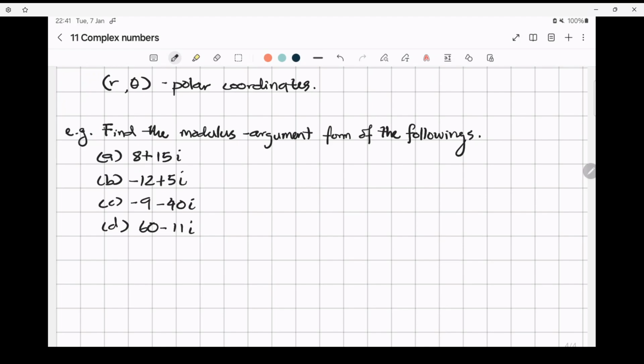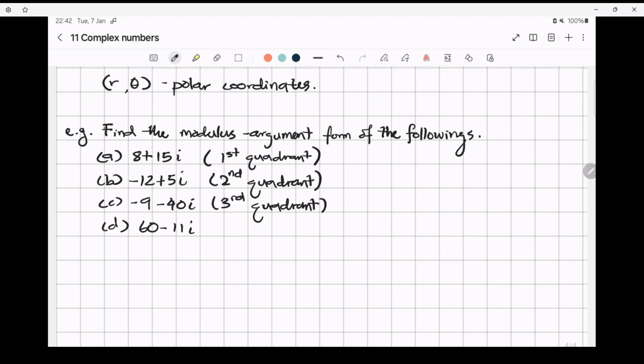So you can see that I specifically picked these 4 examples because 8 plus 15i will be in your first quadrant. Minus 12 plus 5i will be in your second quadrant. Minus 9 minus 40i will be in your third quadrant.